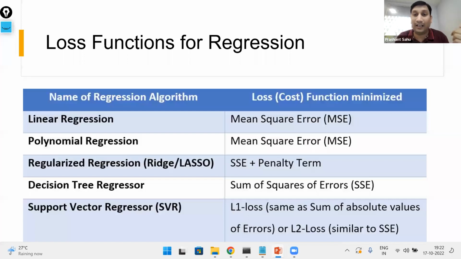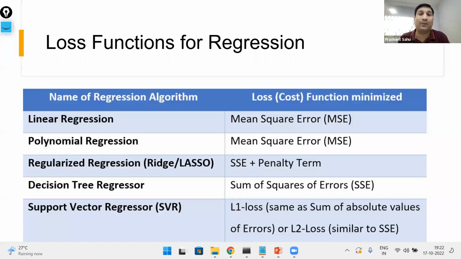Just like I said, in linear regression, we are going to minimize the mean square error loss function. Similarly, in polynomial regression, you can again minimize the mean square error loss function. In the case of ridge and lasso, you have the SSE, that is the sum of the squares of the error, plus the penalty term. What is the penalty term? That's basically your lambda times the L1 norm or the square of the L2 norm, depending on what kind of regularization you are introducing.